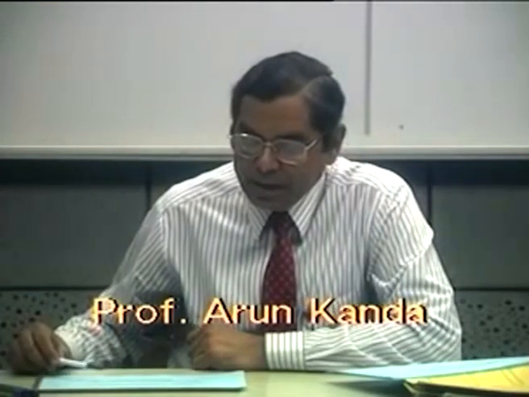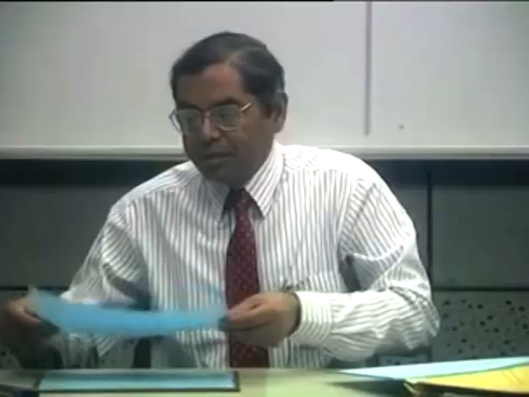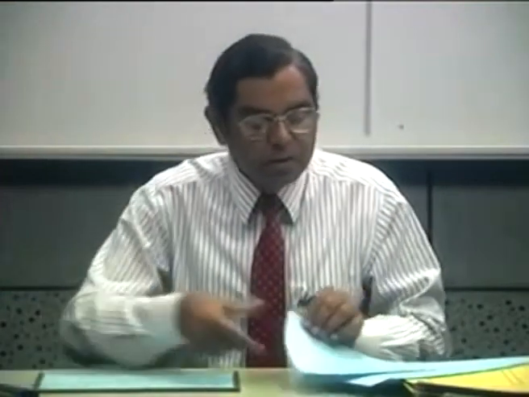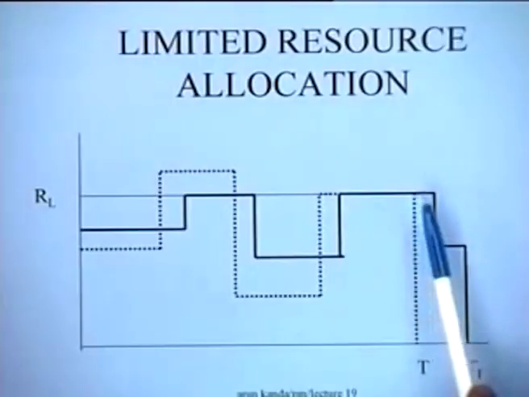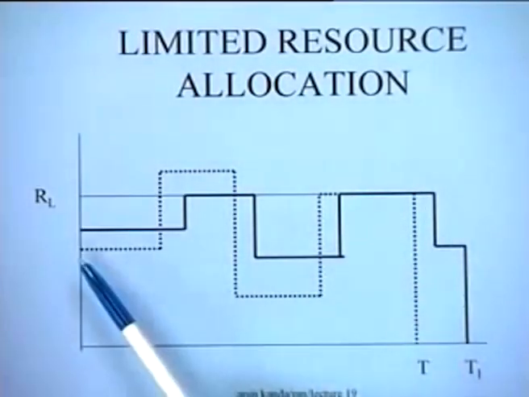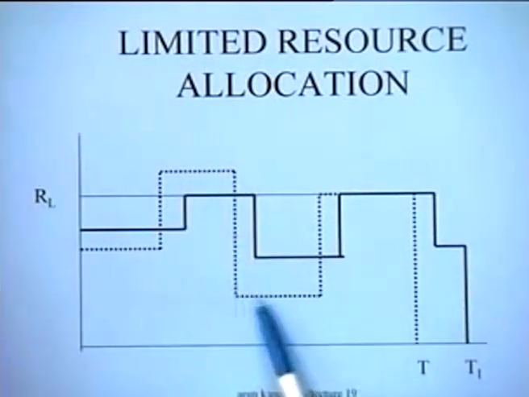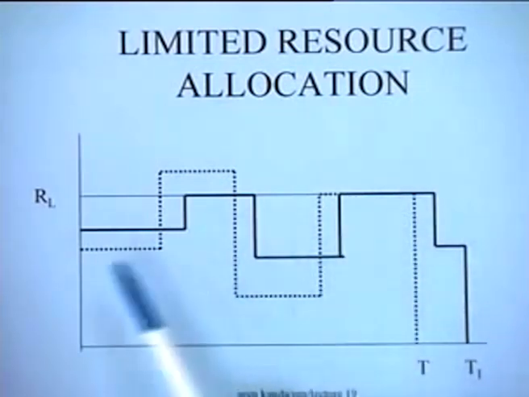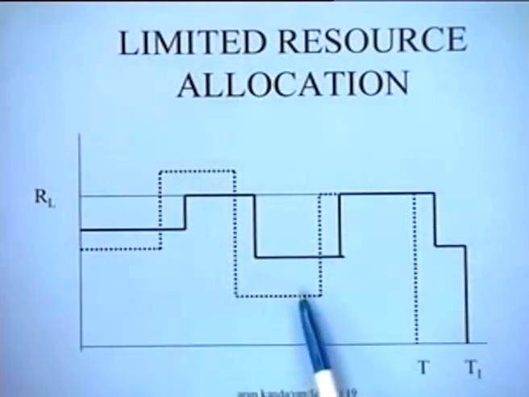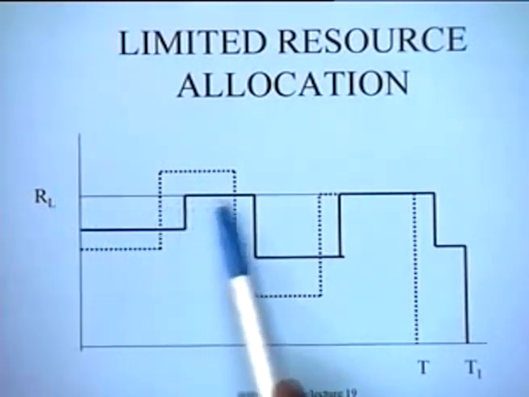Today we are looking at the limited resource allocation problem, and the essential problem and how it differs from resource leveling is, in resource leveling what we are trying to do is obtain a favorable resource usage profile without worsening the project duration T. But what may happen is that even the best leveled resource profile might exceed the limited resource availability.